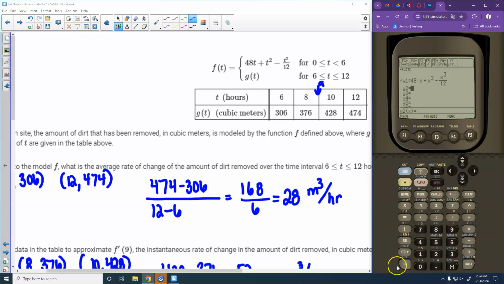Okay. All right. Go back to your home screen. So just hit that home button. If you press F3, it's the tab that says Calc. The very first button you have there is differentiate. There are two ways that you can do this.